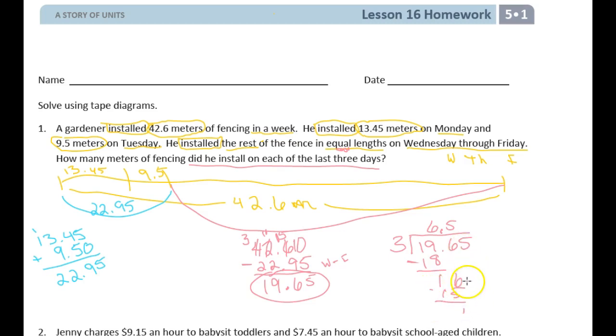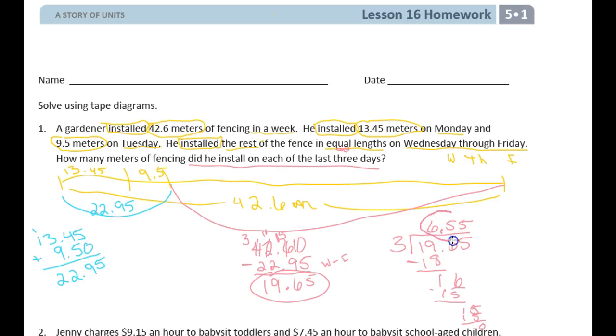How funny. And then we bring down what we've got in the hundredths place. And now we've got 15. And just like last time, 5 times 3 is 15 yet again. And this time there's no difference. So this is the answer right here.